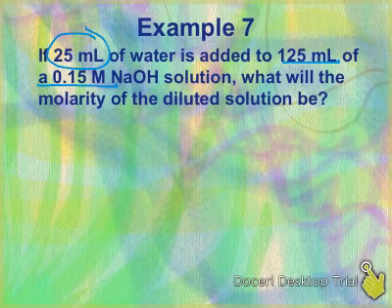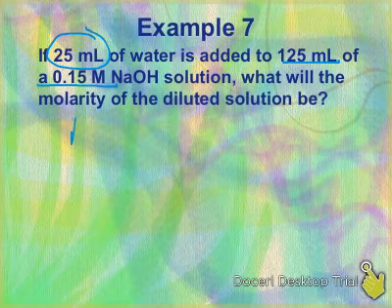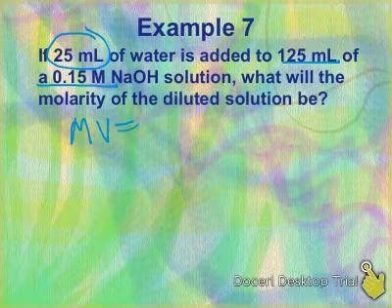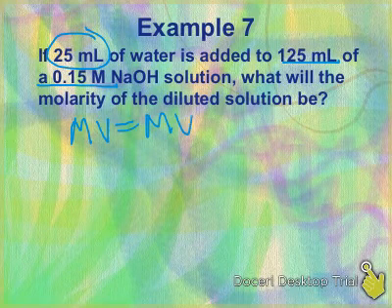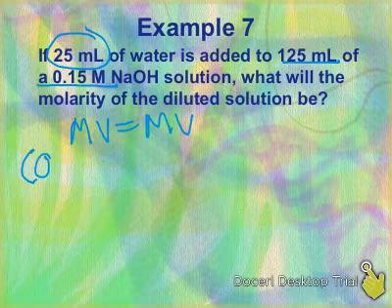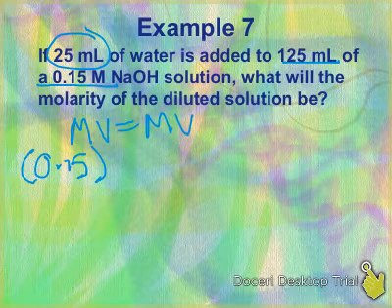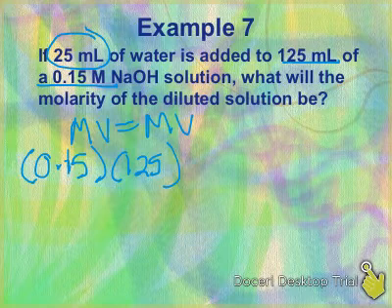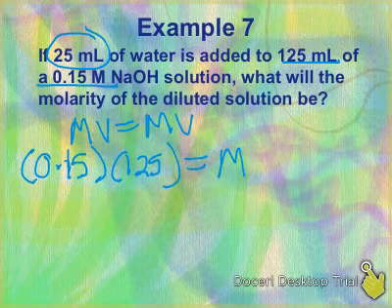So we're going to be using M1V1 equals M2V2. Is my 125 and 0.15 going to go on the left or the right? The left, because that's what we're starting with. We're going to dilute that, right? So I'm going to take my 0.15 and times it by my 125. And that has to equal, we don't know what our molarity is yet, right?